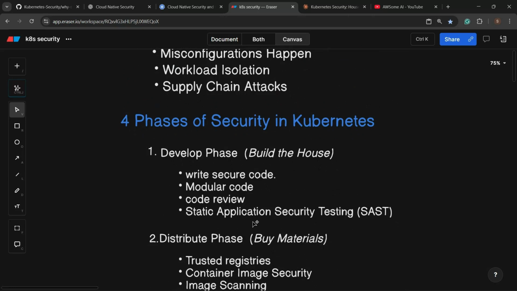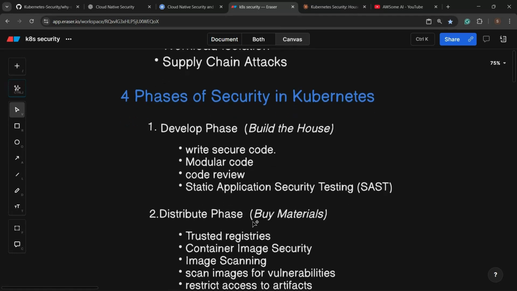You write secure code. You don't hard code the passwords or server ports. You write modular code, which means you follow the DRY principle, which is do not repeat yourself. And you should review your code on a weekly or monthly basis, so that you find the small issues before they turn into big issues.